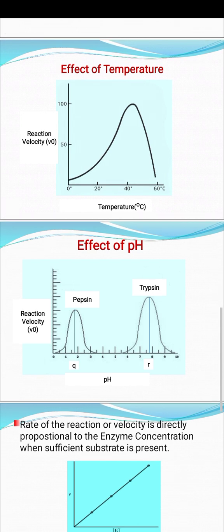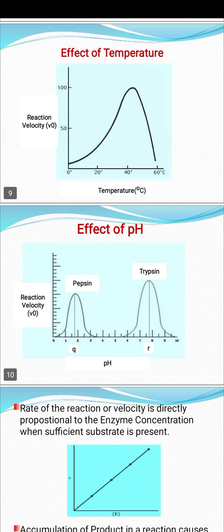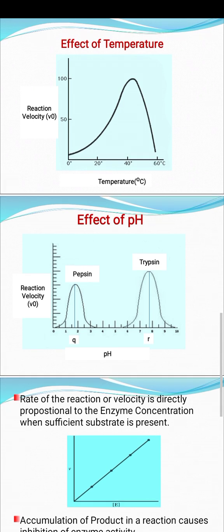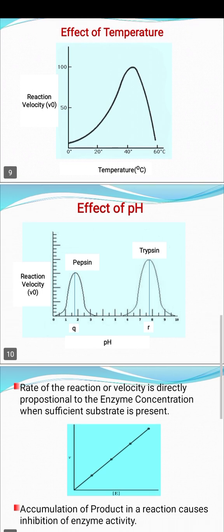Each enzyme has an optimal pH that helps maintain its three-dimensional shape. For example, the graph shows pepsin is optimal at pH around 1.8, and trypsin is near neutral, between 7 and 8.